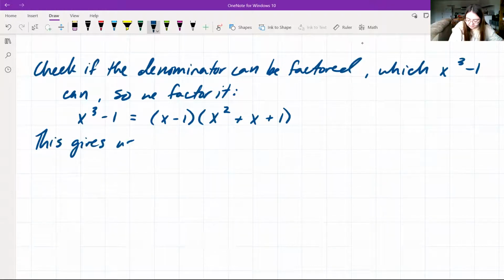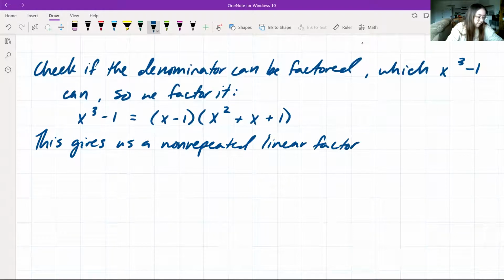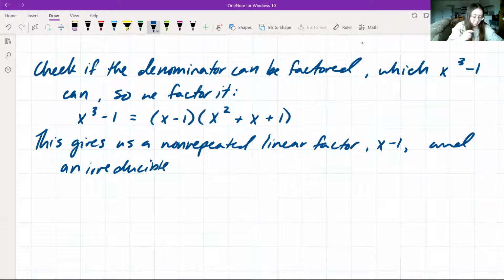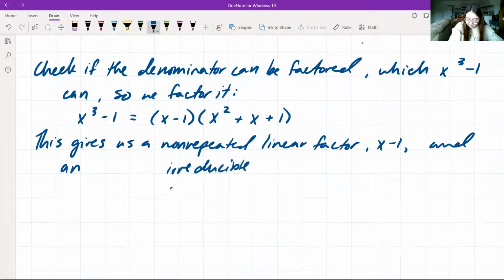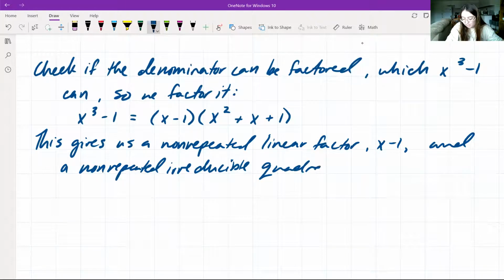This gives us a non-repeated linear factor, which is x minus 1, and a non-repeated irreducible quadratic factor, x squared plus x plus 1.